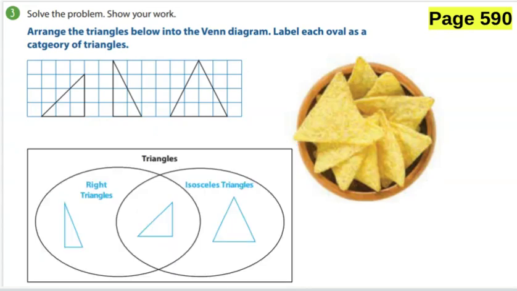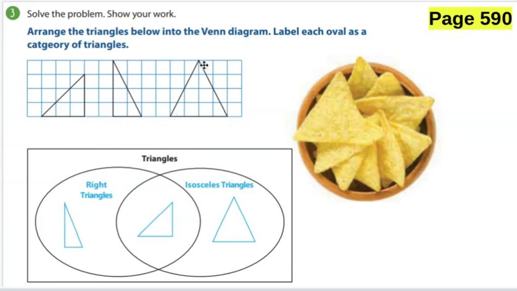So taking a look here, you can see that on this side, this oval represents right triangles. Why? Because you can see that these two, if I were to classify them by their angles, you can see that square corner right there. Now, this one here, believe it or not, and this one here, they're both isosceles.